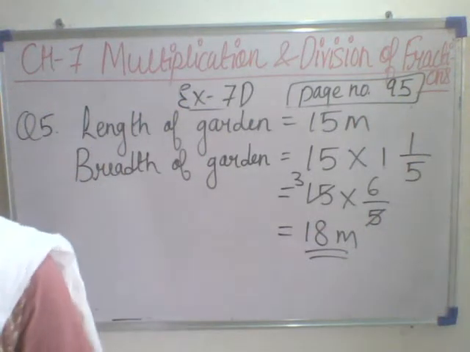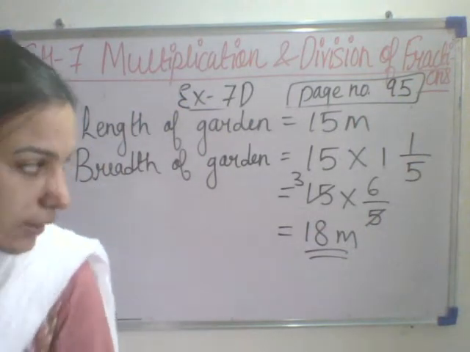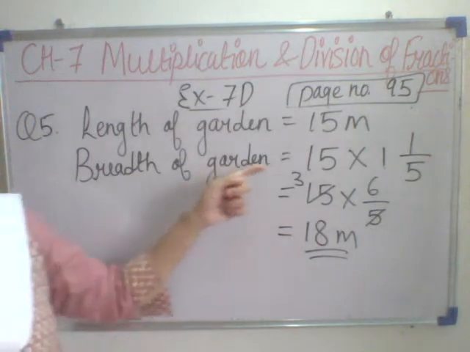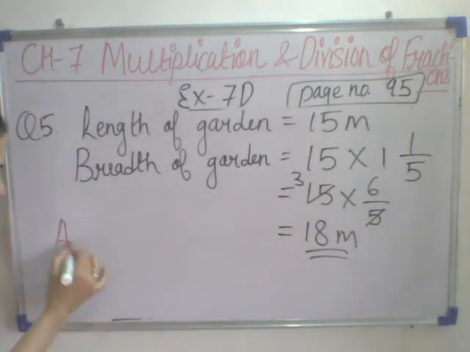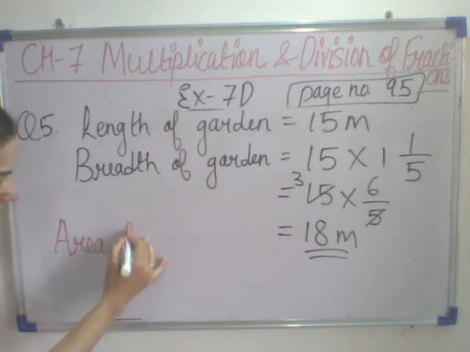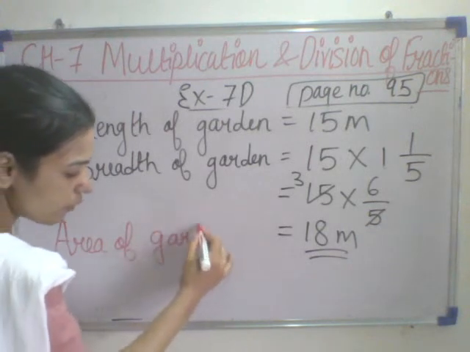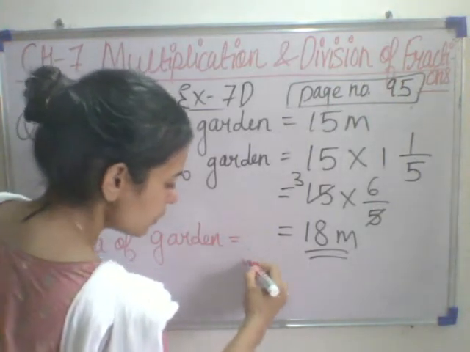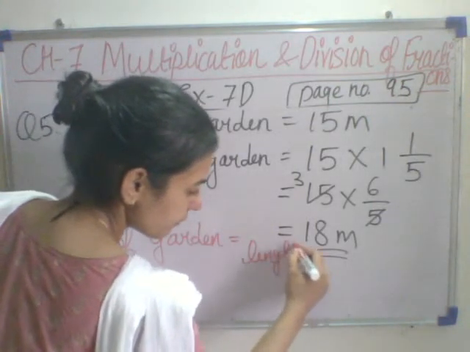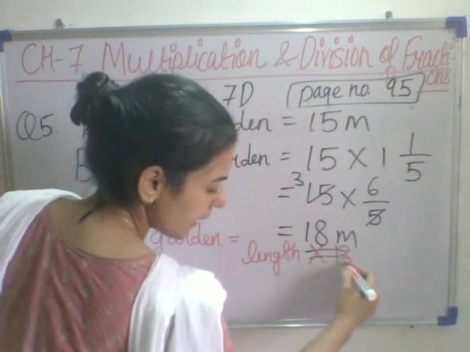What is the breadth of the garden? It is 18 meter. Now we can find the area. The area of the garden will be equal to length into breadth.